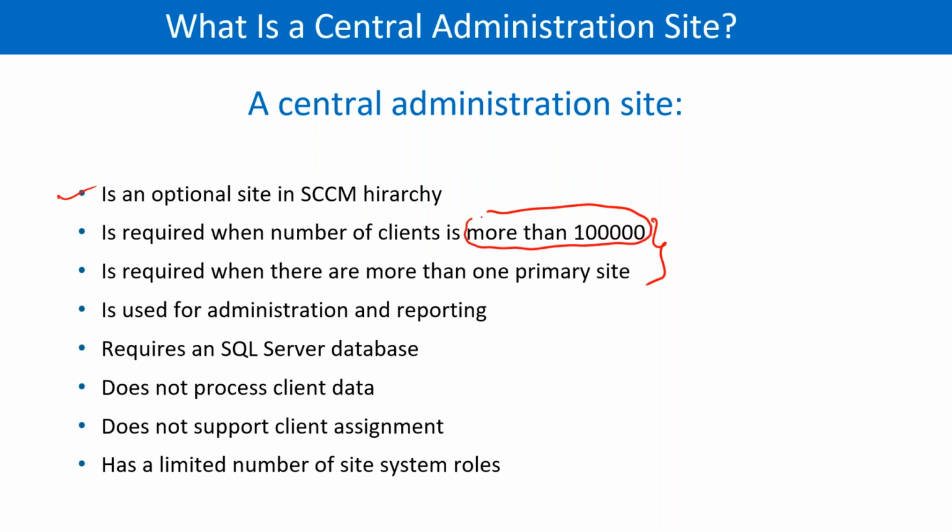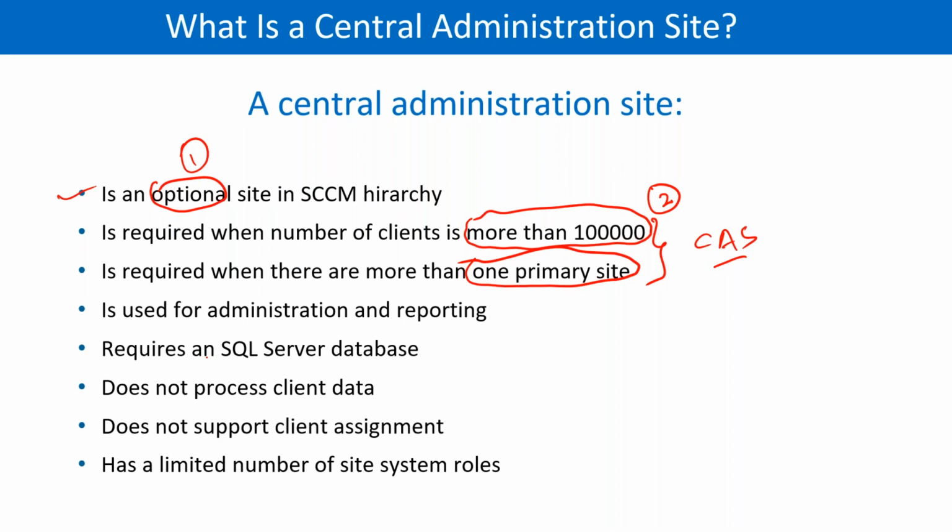When you have more than 100,000 devices and more than one primary site, only then do you need a central administration site. Otherwise, it is not needed. So the first thing is that it's an optional site. The second thing is that it is needed when you have more than 100,000 devices to manage, plus more than one primary site.